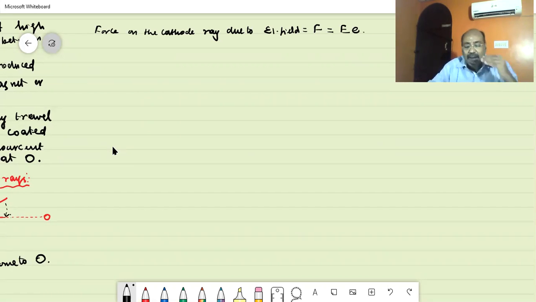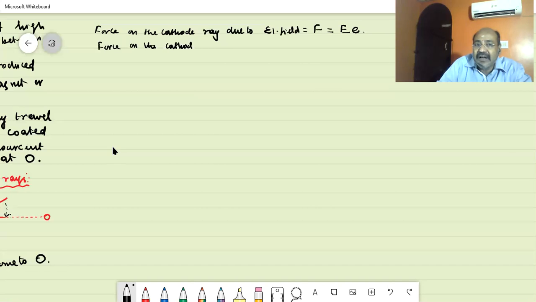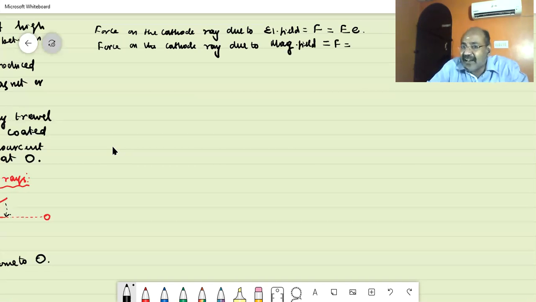Similarly, when you are applying the magnetic field, a force will be developed on the charged particle due to the magnetic field. So I am writing, force on the cathode ray particle due to magnetic field, again F. The equation is B e V sin theta.